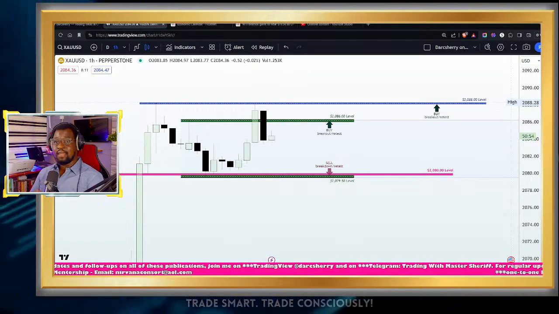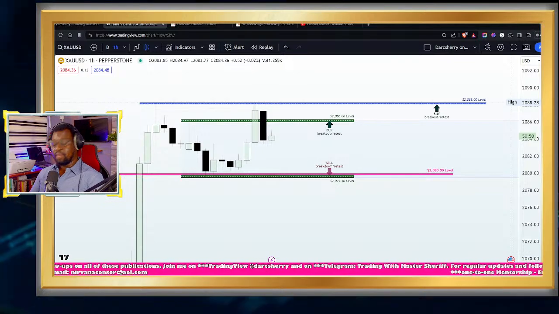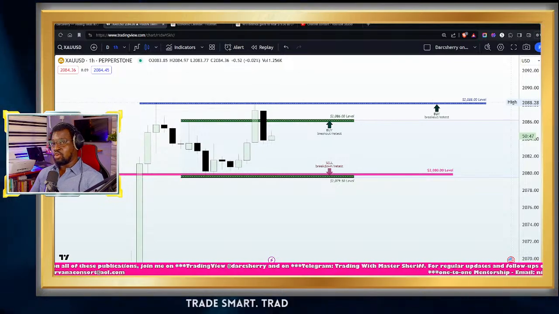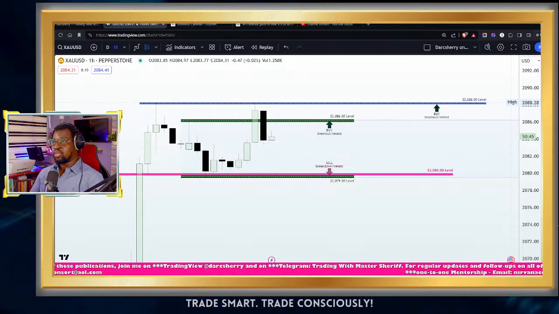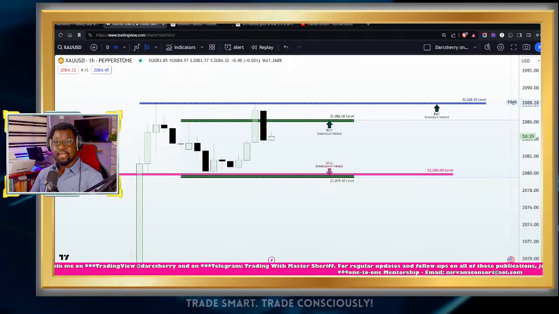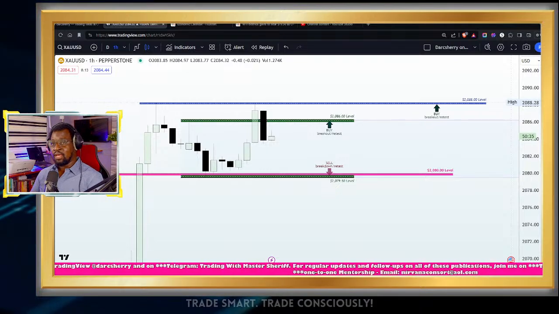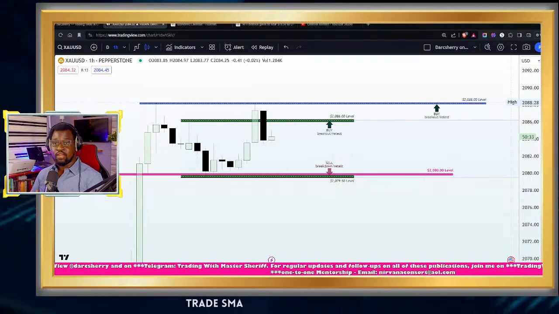Remember, I said earlier that we are looking forward to the ADP employment change. We are looking forward to the non-farm payroll. We are also looking forward to a couple more impactful events, which may make key players in the market step aside, waiting for these events to happen to further give us an idea of where price will be going.